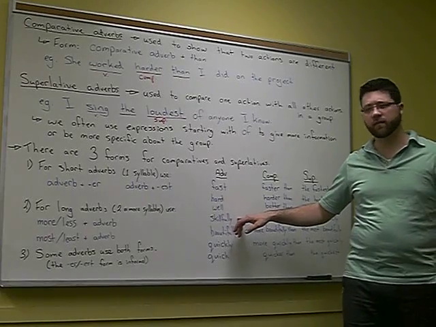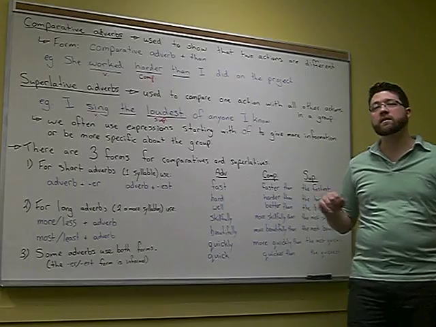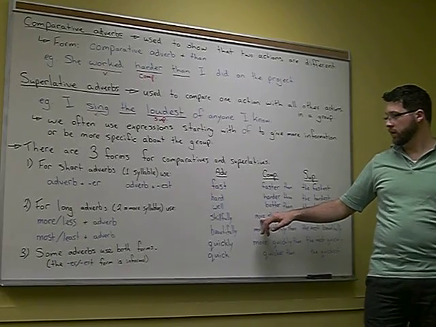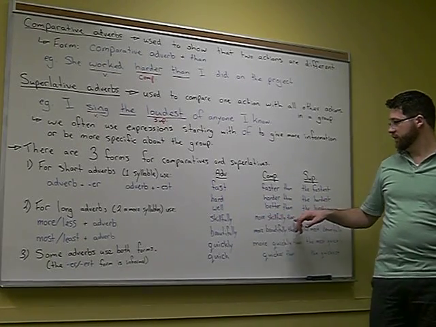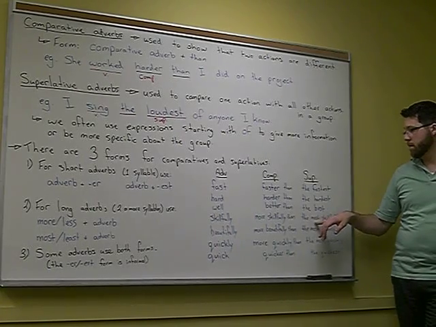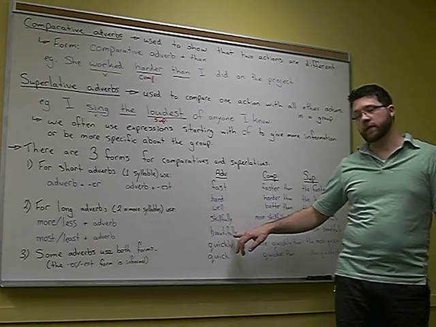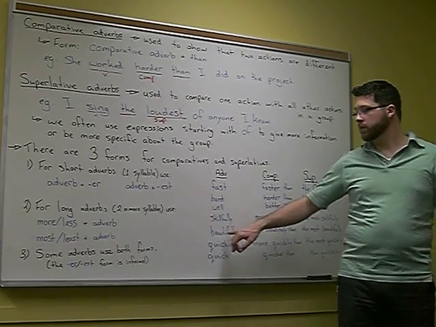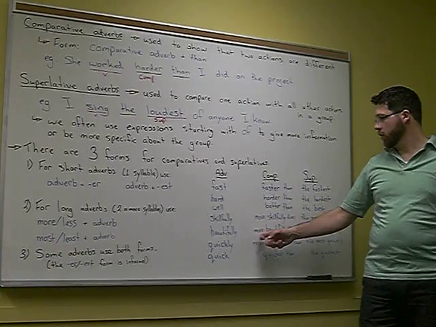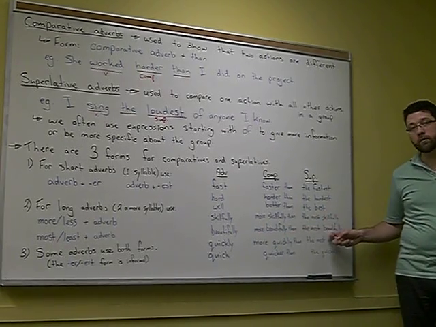If you are very good at something, you have very good skills, we say you do something skillfully. Our comparative, more skillfully than. And our superlative, the most skillfully. Beautifully. Right? Beautifully is our adverb. And again, more beautifully than, or the most beautifully.